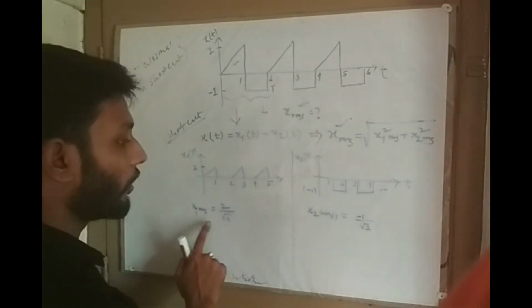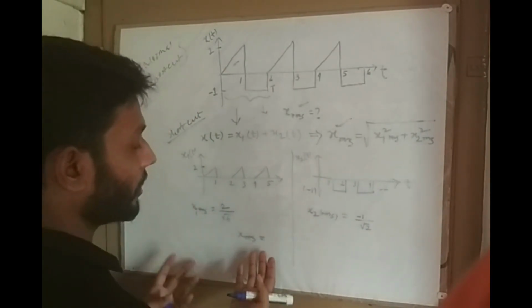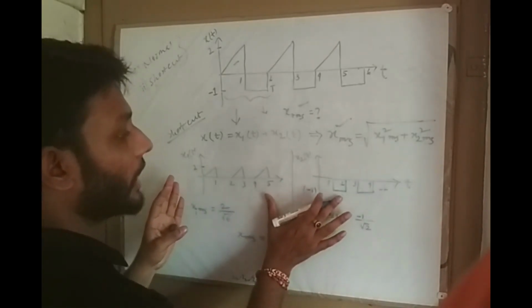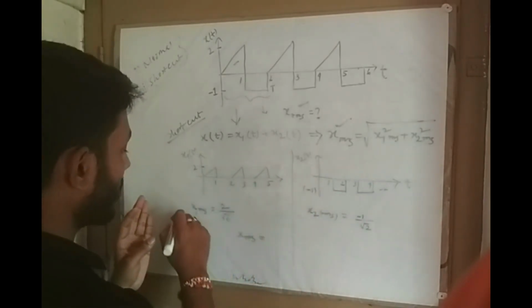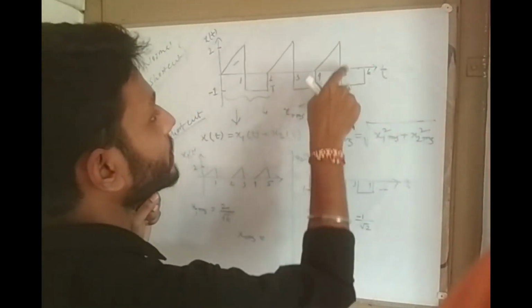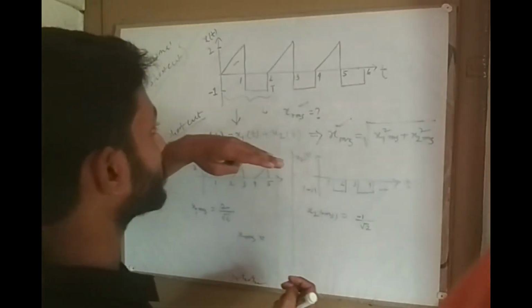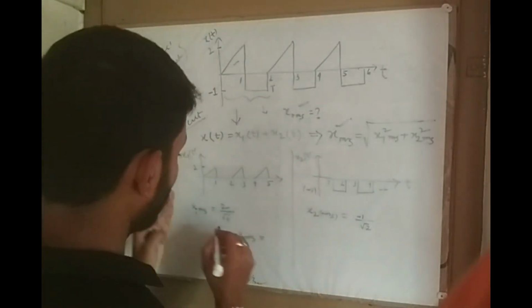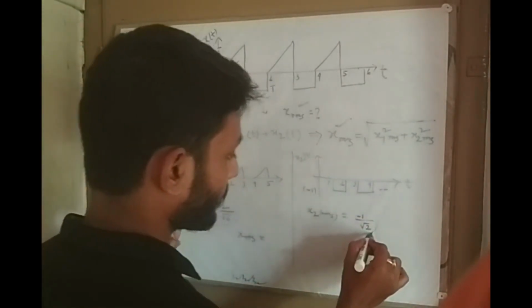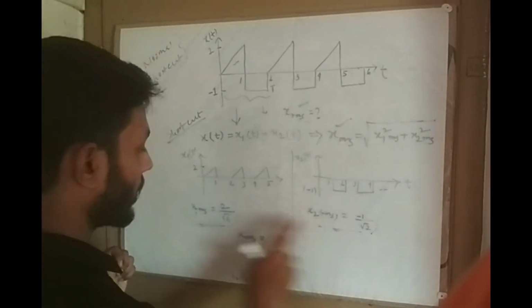So for the overall x RMS, you don't need to draw these two diagrams. If you know the x RMS for the upper half wave triangular, and the lower rectangular pulse also half wave, you will be able to write down these two terms.